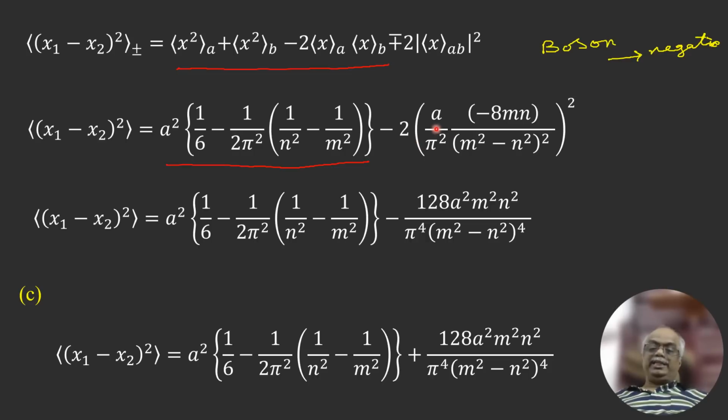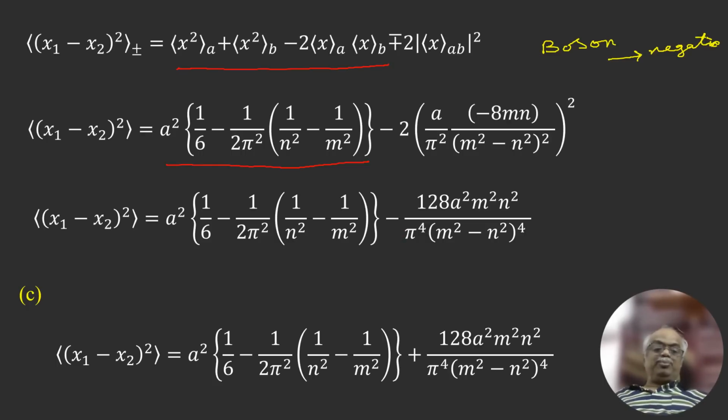So 128 times a squared, m squared, n squared, and this one. Pi squared will become pi to the power 4, and m squared minus n squared whole thing power 4. So this is for boson.